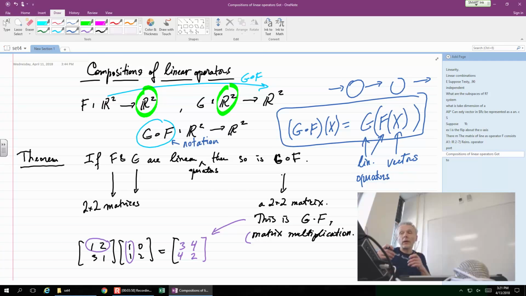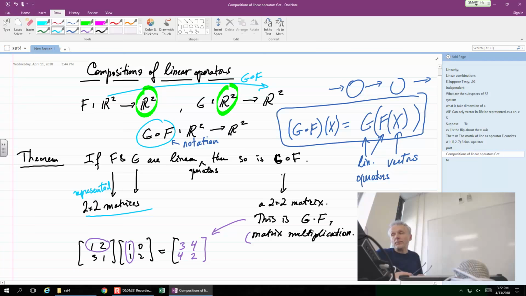And the key to it is that both F and G can be represented by matrices. In algebra, they might have some complicated formulas, or in programming, some complicated multi-step procedures, but we are in a better place. We're just talking about linear operators, and if the dimension is just 2, you're going to have just two by two matrices. That's all for the time being.